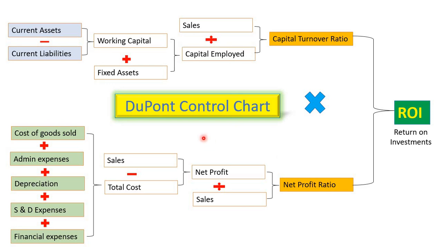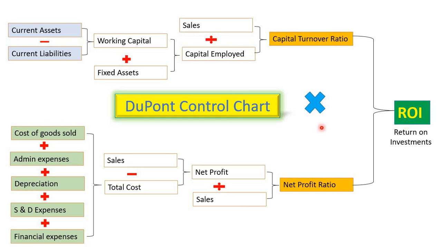If we find a change in the return on investment, negative or positive, we can easily locate which among these variables contributed to the variation in the return on investment.